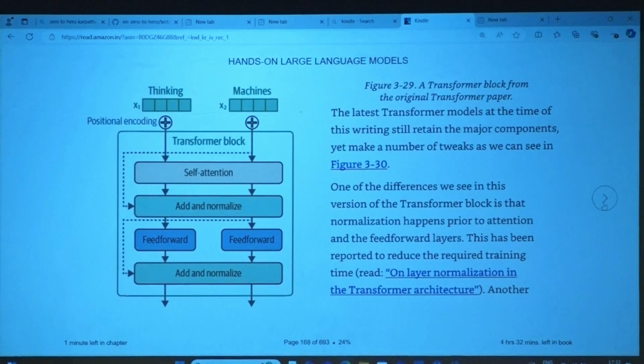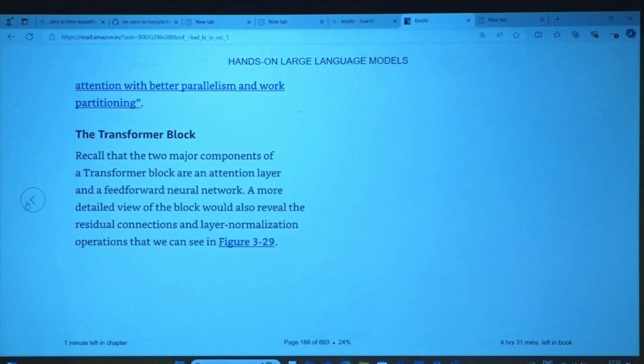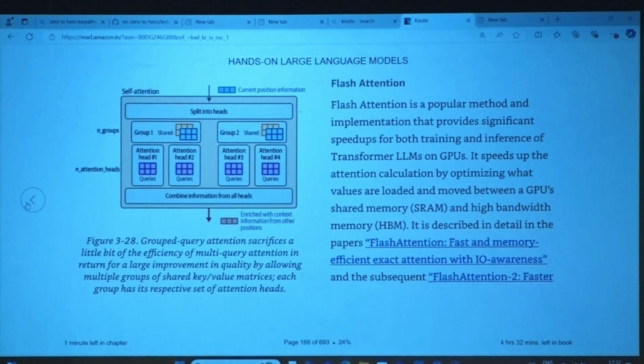I'll just tell you what the feed forward is. Feed forward is a basic network. The output for every token is a vector, as we talked about. So what does the feed forward network do? What is the size of every vector?